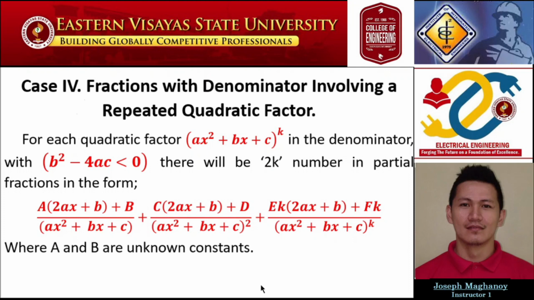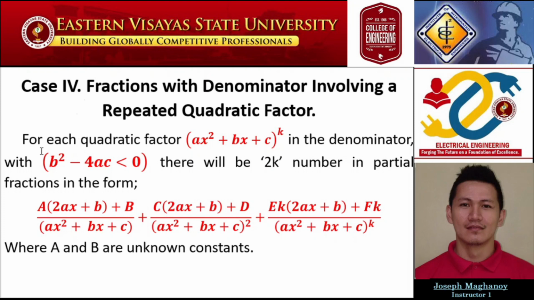Take note that 2ax plus b is only the first derivative of your denominator ax squared plus bx plus c. From the given form of partial fraction, it can be seen that the first and second terms can readily be integrated using the logarithmic formula and inverse trigonometric formula, respectively.